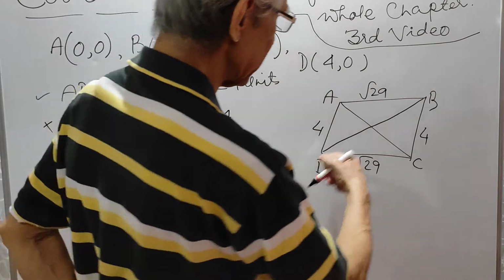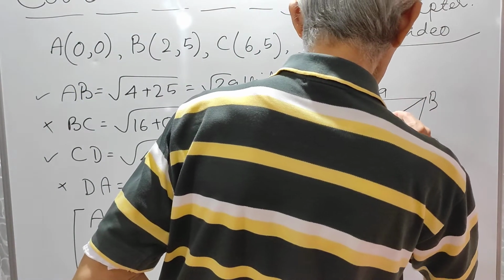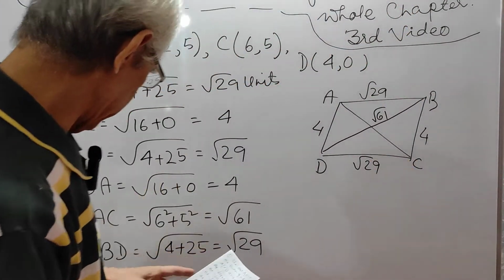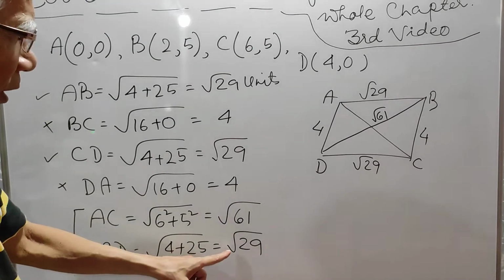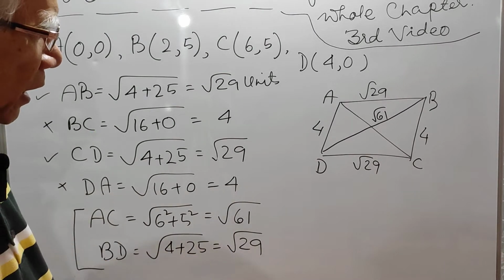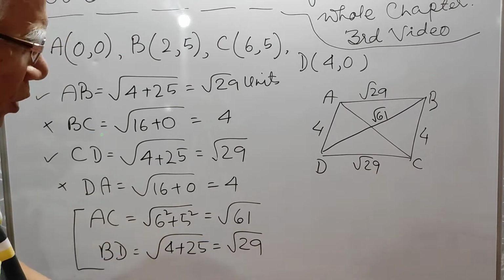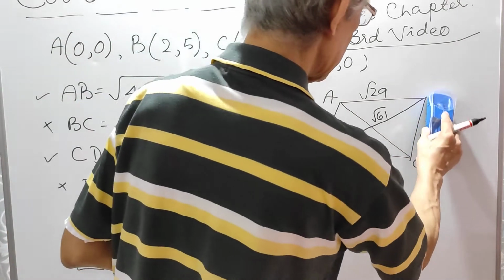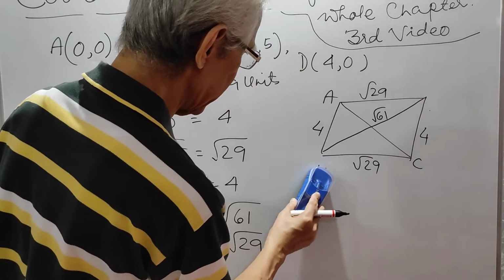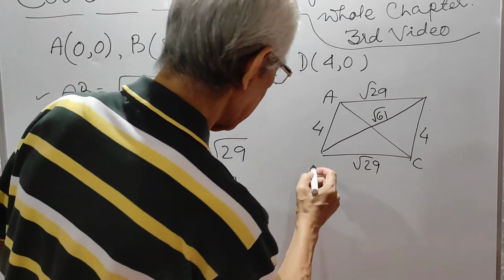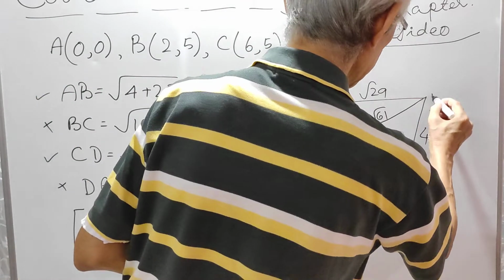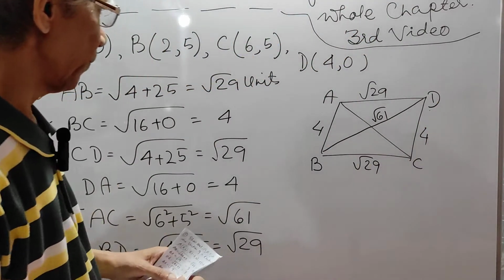So the longer one is root 61. So this is B and this is D. All right.